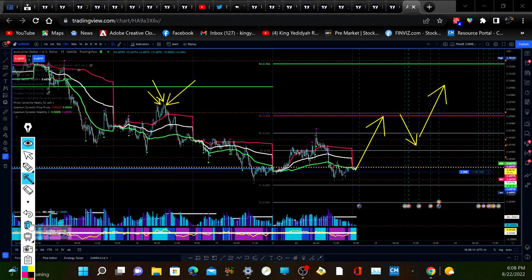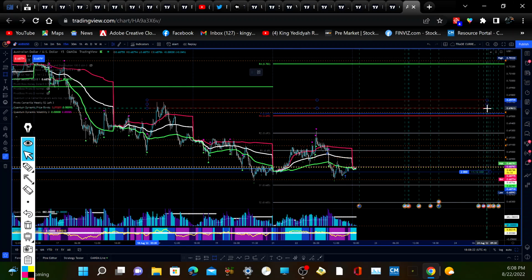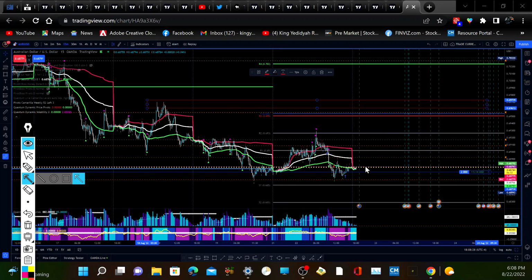Wait, hold on. First real resistance is around here, right? So when we break out of here, hit some resistance, pull back, retest R2, break out of this resistance here, pull back, retest, and aim towards R4, right?